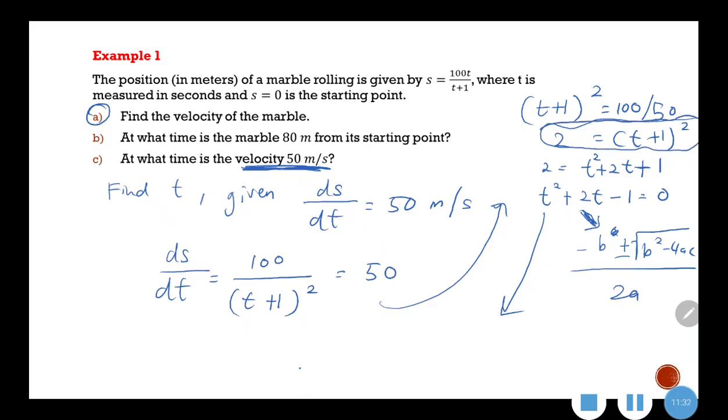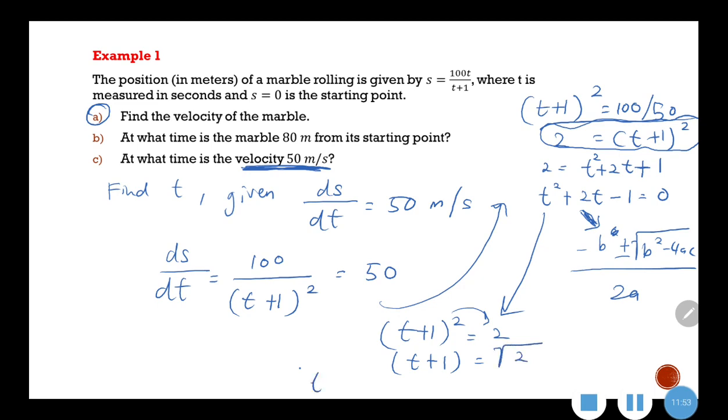Okay, so (t plus 1) squared equals 2. We can move the square to the other side, so it becomes the square root of 2, right?